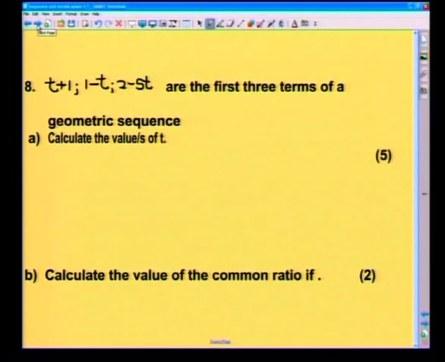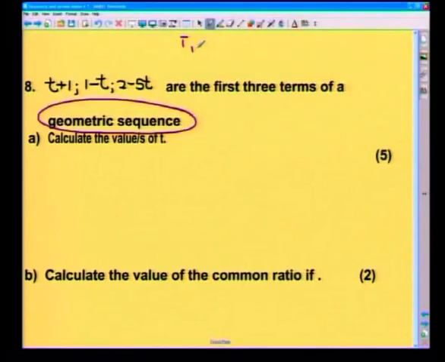Right, now the next one introduces me to a sequence where all my terms are given in variables. They tell me that t plus 1, 1 minus t, 2 minus 5t are the first 3 terms of a geometric sequence. Now, I want to stop here for a few seconds and point out something that, although it seems obvious, is not perhaps that obvious.